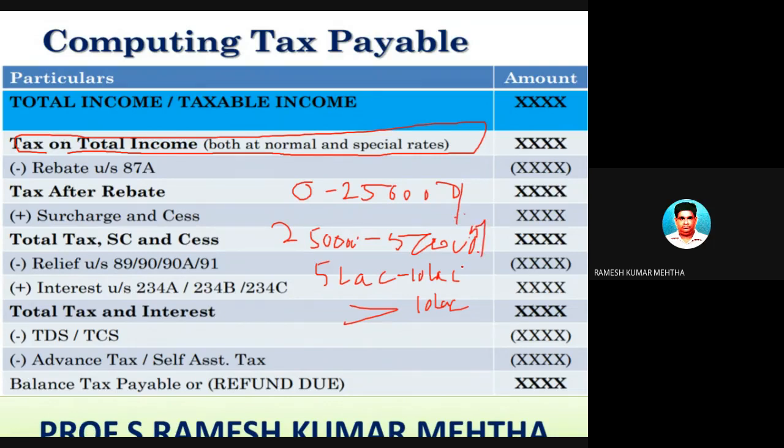This is for the assessment year 2021, for a person who is not a senior citizen or a super senior citizen, a normal person below the age of 60, and 30% above 10 lakhs.